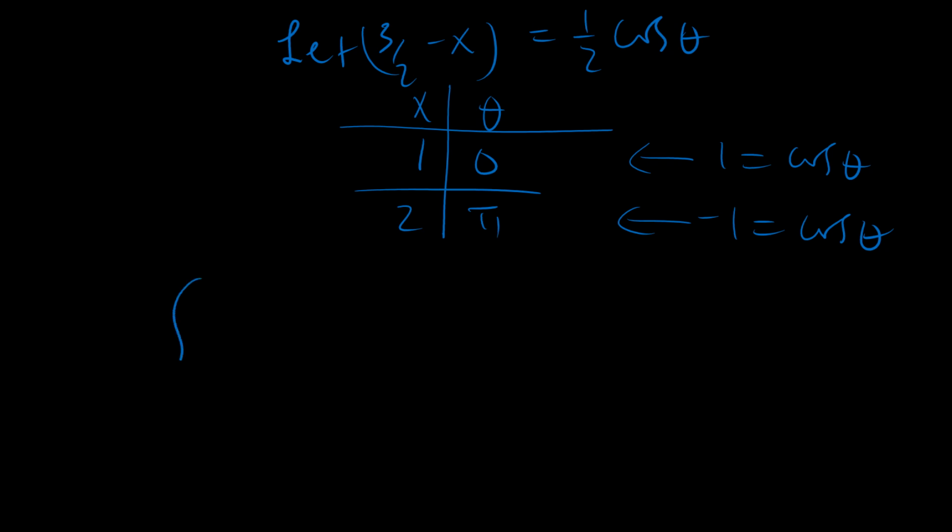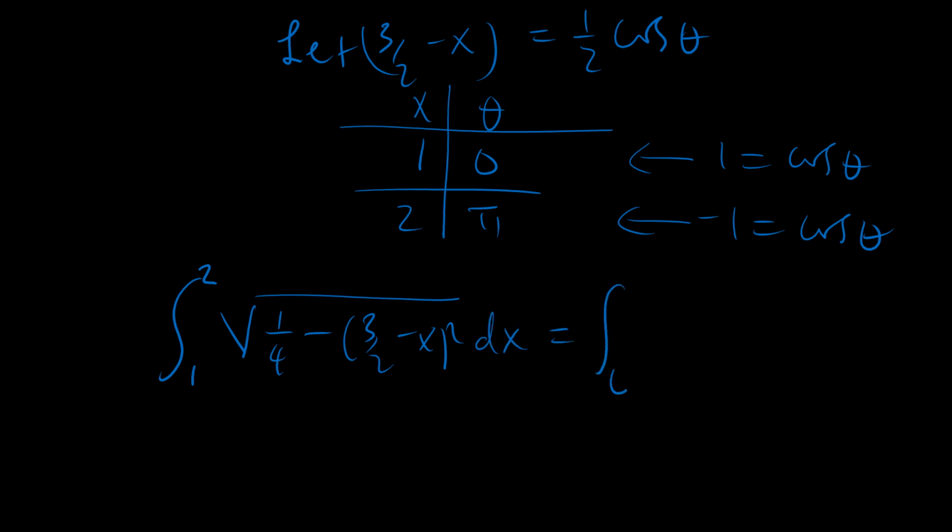And so our integral from x equals 1 to x equals 2 of the square root of a quarter minus 3 over 2 minus x squared is the same as the integral from theta equals 0 to pi of the square root of a quarter minus a half cos theta squared times a half sin theta d theta for dx.